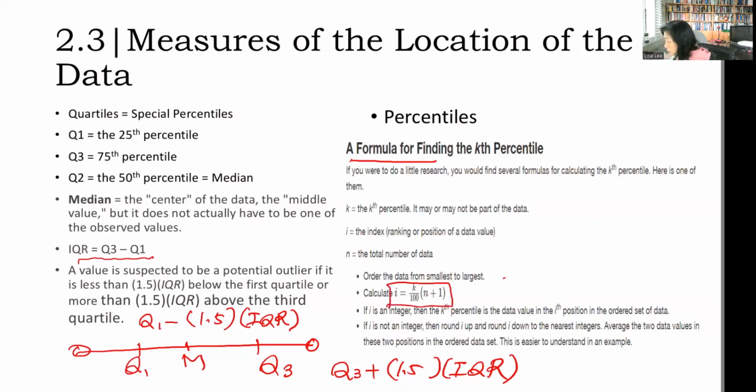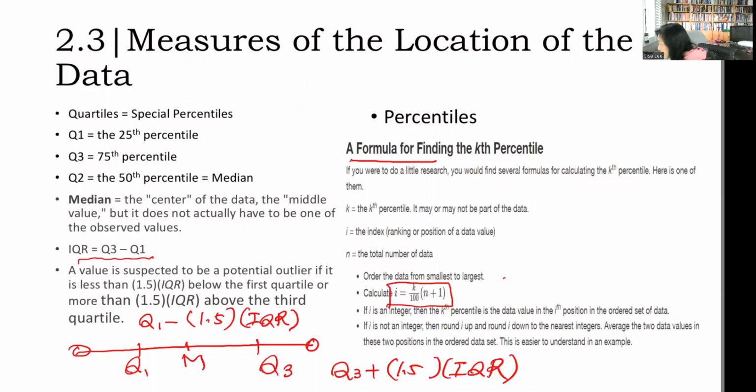So we have two rules here. If I is an integer, the kth percentile is the data value in the ith position in the ordered set of data. If I is not an integer, with some decimal behind, then we need to round I up and round I down to the nearest integers.